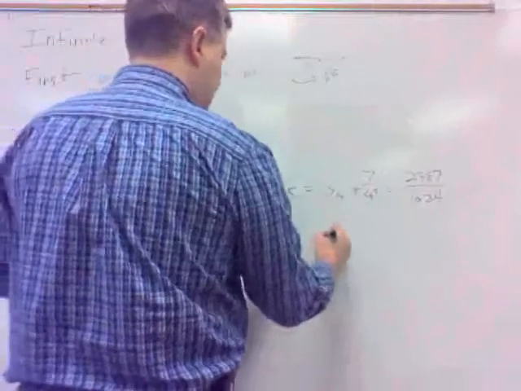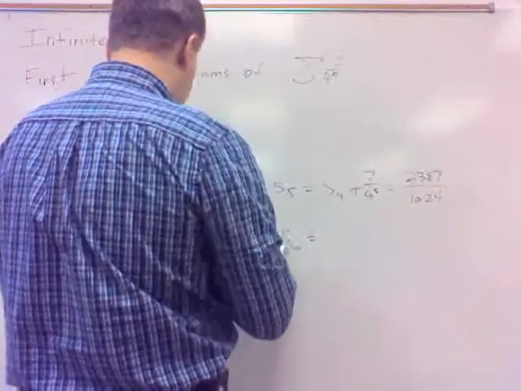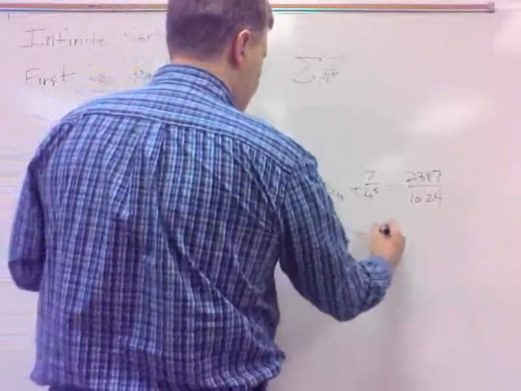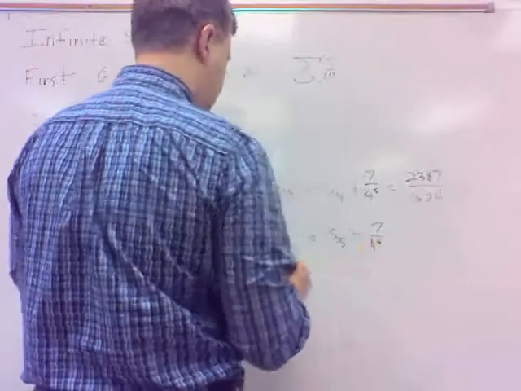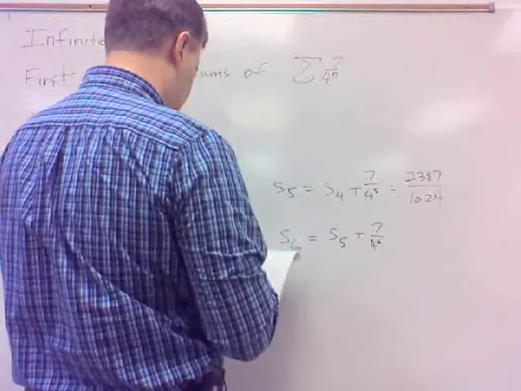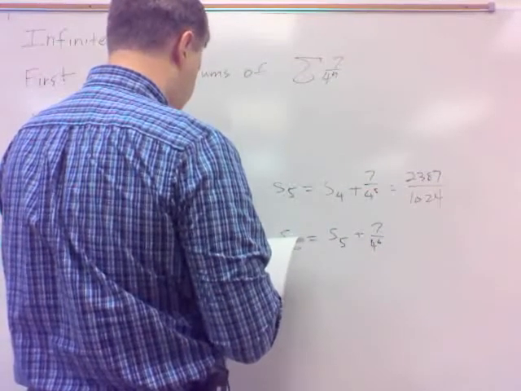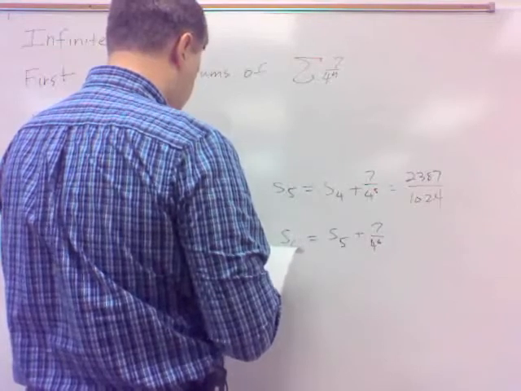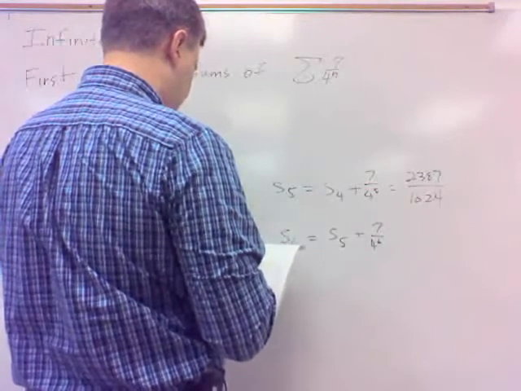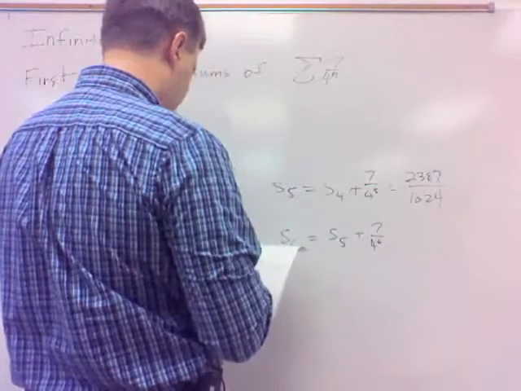And then S6 will be S5 plus 7/4 to the 6th. So let's see, let me do that again: 2387 plus 7/4 to the 6th.